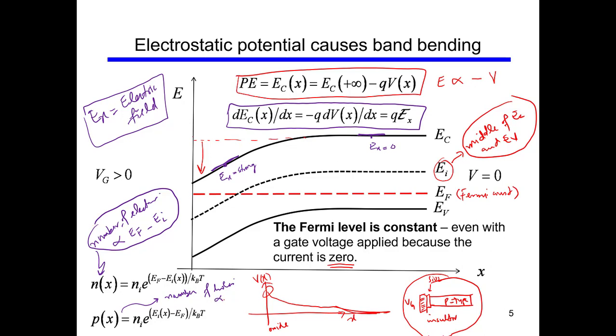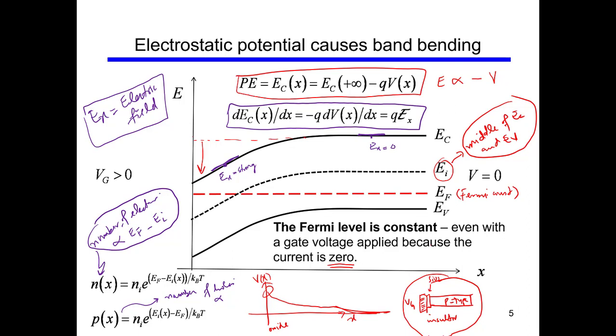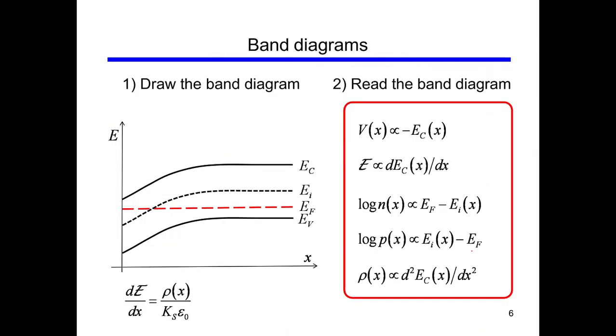For holes, the formula is intrinsic level minus the Fermi level. So if the Fermi level is below the intrinsic level, the number of holes will be more. Okay, let's move to the next slide.